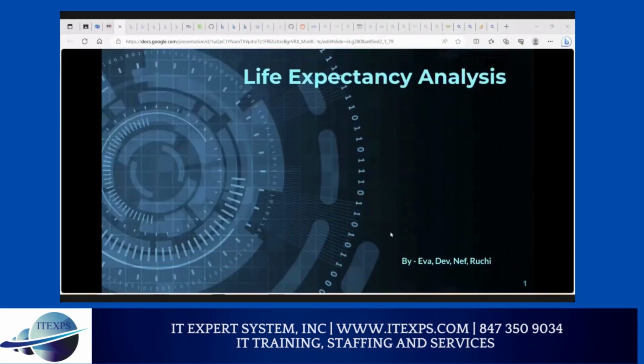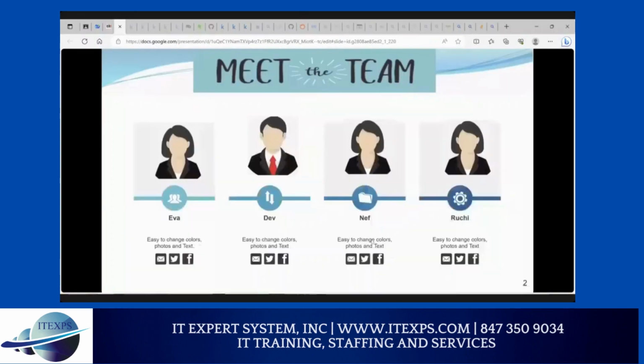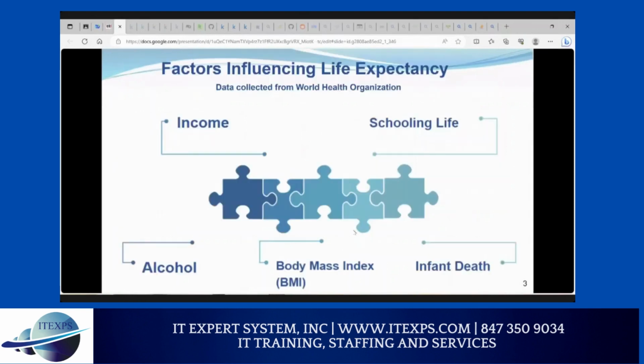We did a life expectancy analysis. There are 4 of us: Eva, Dev, Nev, and Ruchi. We were studying the factors that affect life expectancy all over the world.